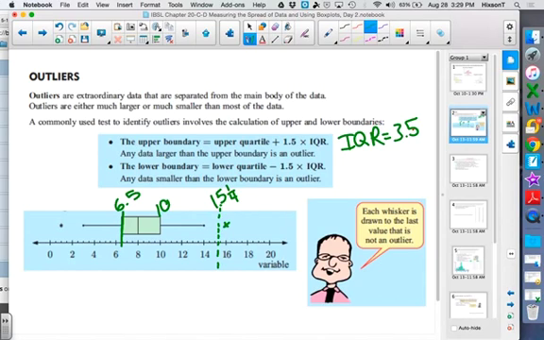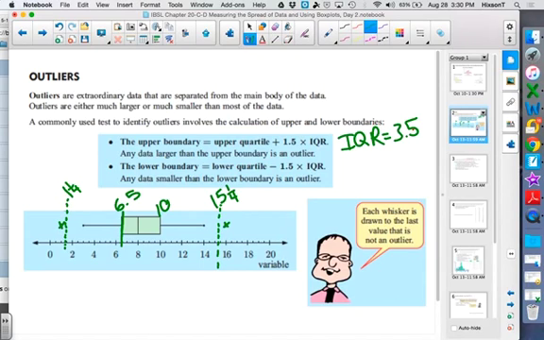Okay? Now, if we subtract 5.25 from 6.5, we get 1.25. So here's 1.25. All right? And this value here at 1.5 is just below that. So again, we mark it as an outlier.